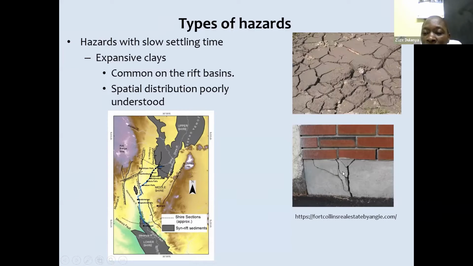And what happens over the course of time is that buildings are responding to this kind of movement, swelling and shrinking, swelling and shrinking, and then eventually the buildings develop a lot of cracks. We have places in this country where this has taken place, and whole structures which were constructed using lots of money are lost and abandoned in the process. So this is again another example of a hazard with a slow settling time.